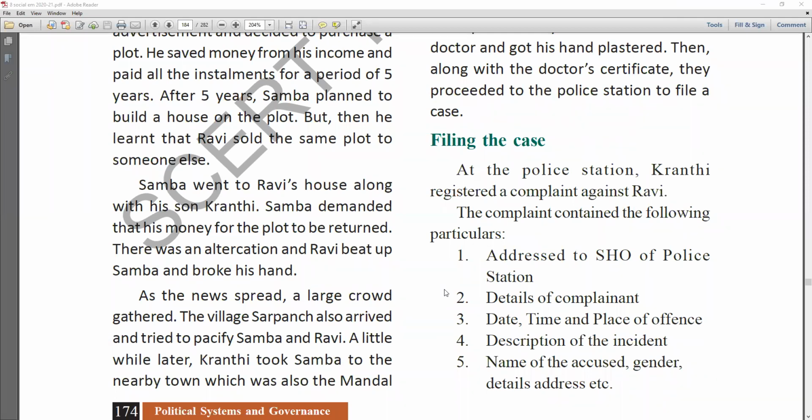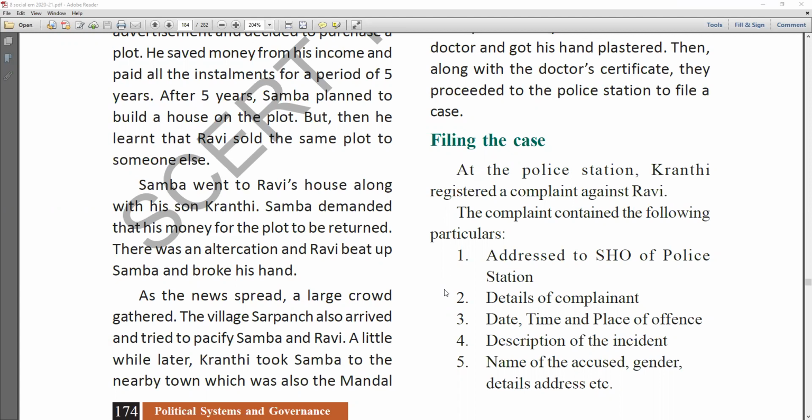The sarpanch tried to listen to the quarrel. A little while later, everything was sorted out, but nobody agreed to be at peace.